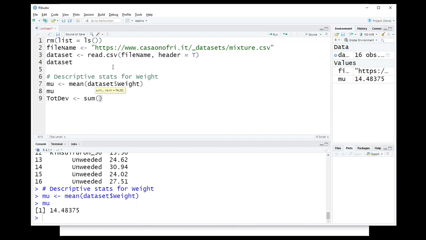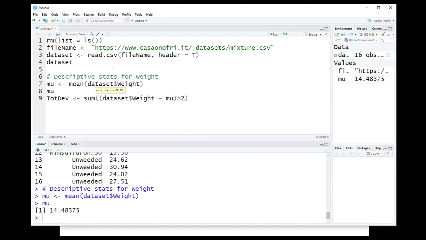That is, we take dataset weight, subtract the mean, and square. That is the deviance, you remember. So I take every value, subtract the mean, and square. And then finally we sum the squares.